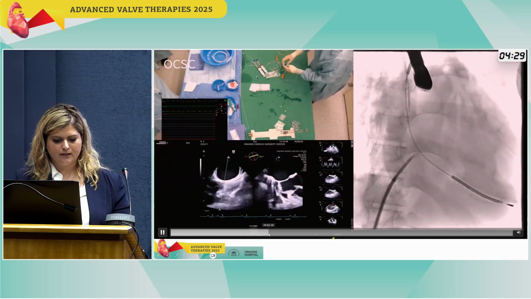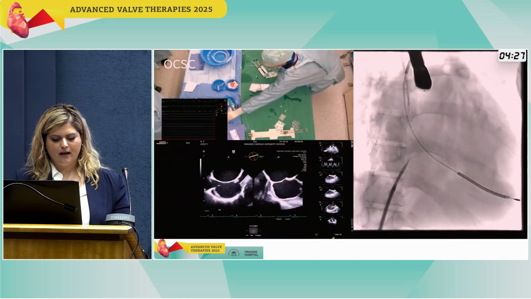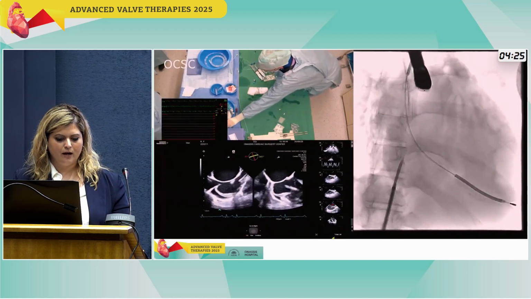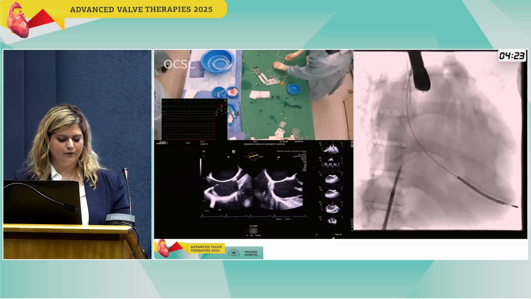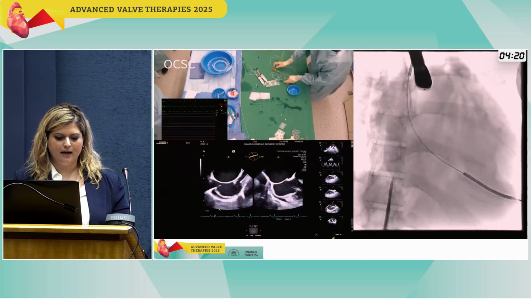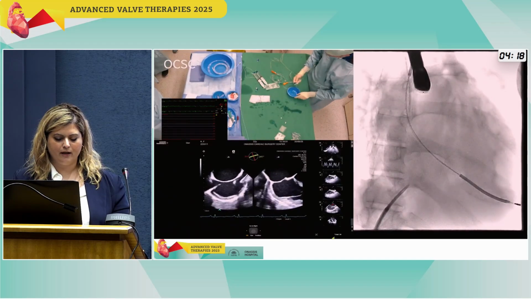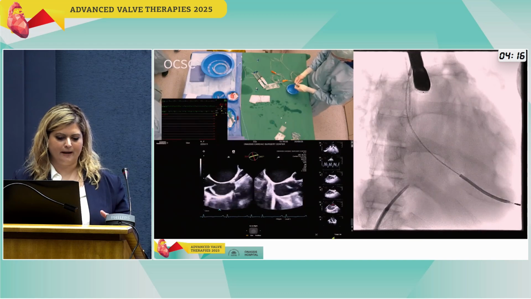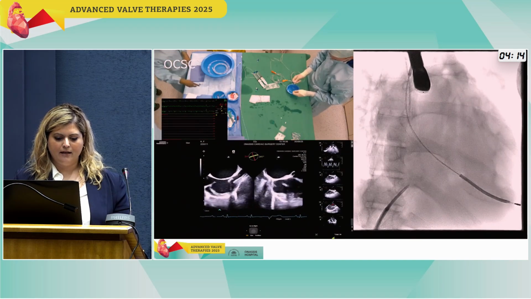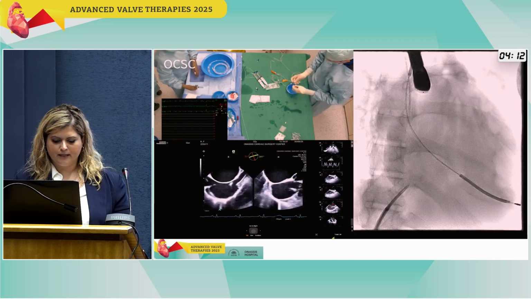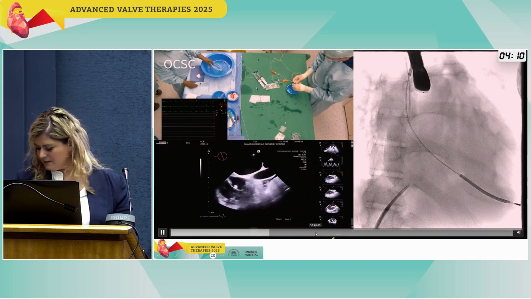Everything, of course, is done under echo guidance because it's very important to have the optimal height for the puncture, as we need about 4 centimeters from the mitral valve ring. And, of course, the puncture should be done in the fossa ovalis.